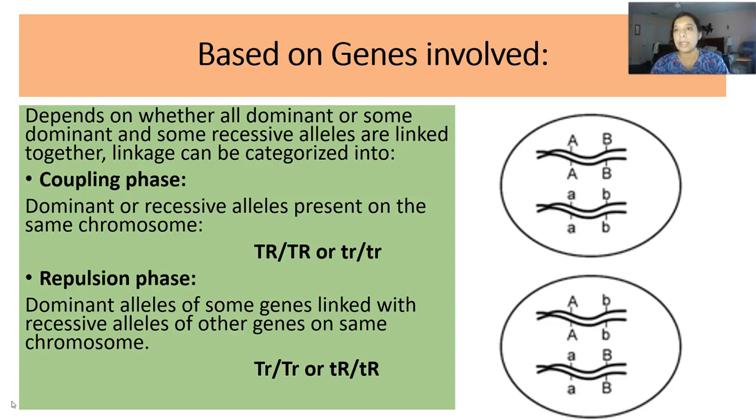They're not linked in a typical linkage way where there's still sorting and you can still have multiple combinations. If genes are coupled, they will have both dominant or both recessive, or they will have the opposing ones if they are repulsed.